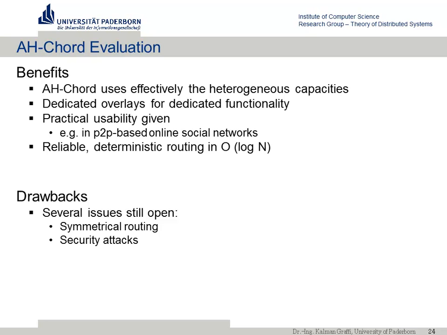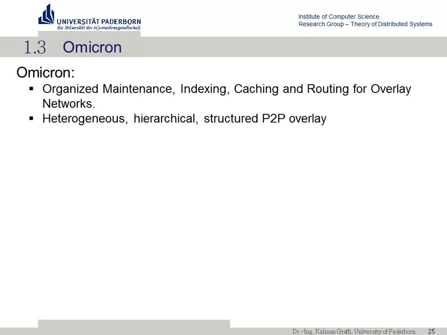So, coming to the last heterogeneous and also hierarchical P2P overlay, this is Omicron, and it stands for Organized Maintenance, Indexing, Caching and Routing for Overlay Networks. This was invented by a Greek, so that's why also the Greek letter, Vasilios Darlagianis, and he came up with that title.